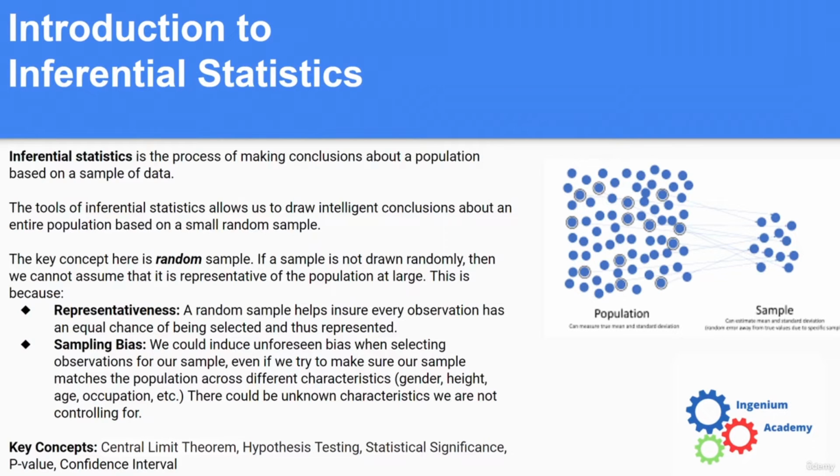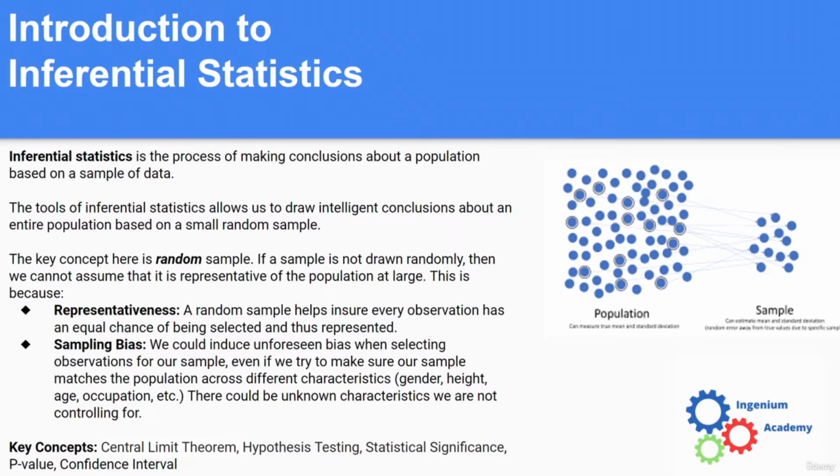So now we're going to delve into inferential statistics. In inferential statistics, our goal is to use inferential statistical methods to draw conclusions about a population given a sample of data.